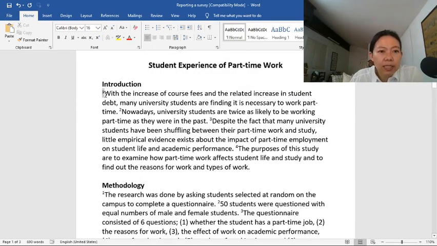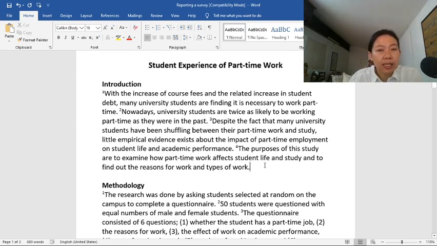There are 4 sentences in this part. So if you remember from the previous video, I said that there are 3 moves in the introduction part: move 1, establishing a research area; move 2, identifying a gap in the research area; and move 3, occupying the gap. So these 4 sentences follow the 3 moves.